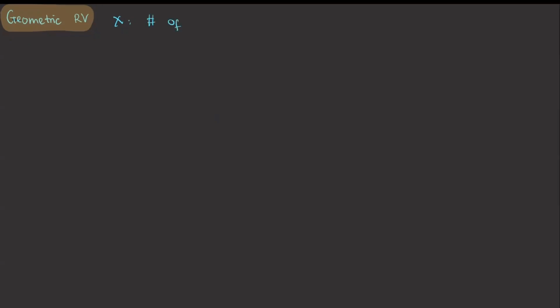So if we denote x as the number of trials until we get the first success, then x follows a geometric distribution with parameter p. And what p indicates here is the probability of success in each trial. So every trial has the same probability of success and they are independent trials. Then we are interested in how many trials you have to try until you get your first success.